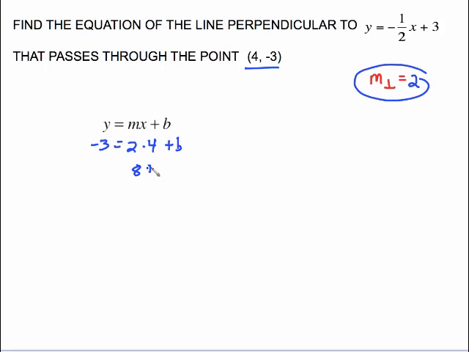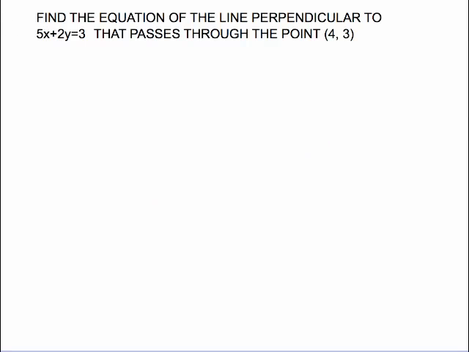This is 8. Undo this by subtracting 8 from both sides, and I get b equals negative 11. Write your equation, y equals slope minus 11.